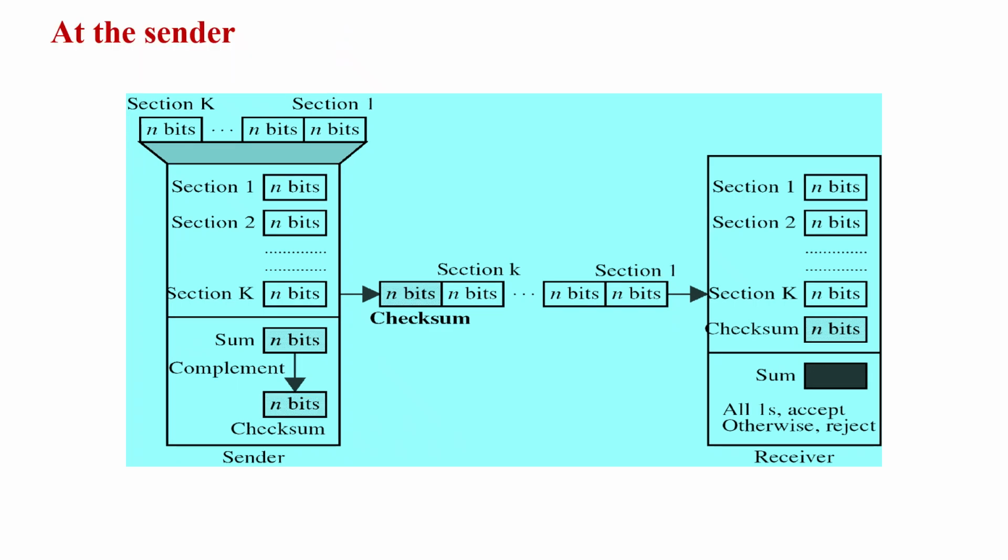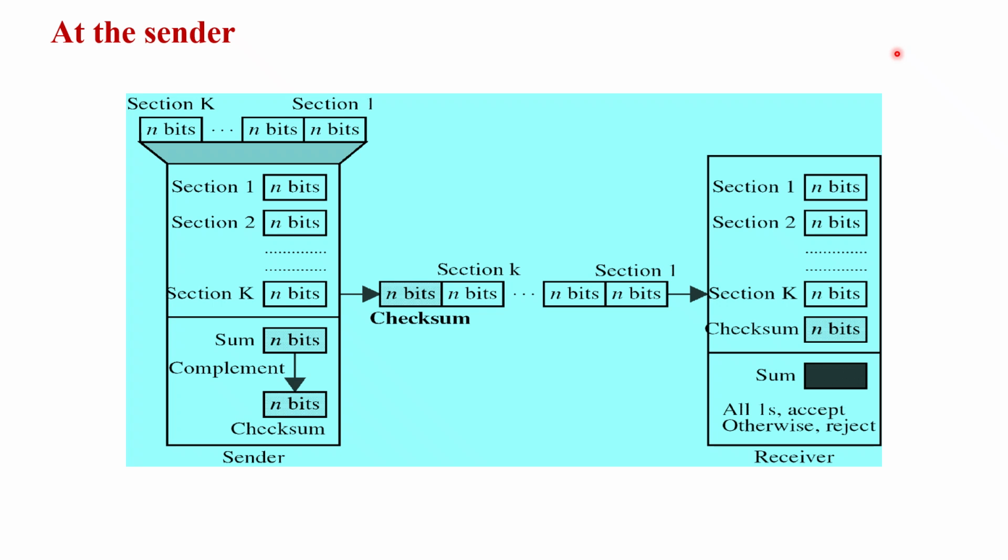Let us see how the checksum is generated at the sender side. At the sender, the data unit is first divided into k sections, each containing n bits. All these sections are then added together using one's complement arithmetic to get the sum.